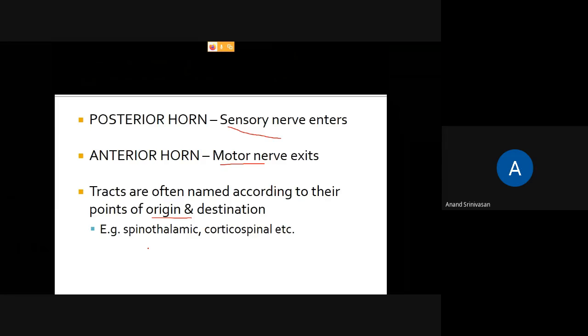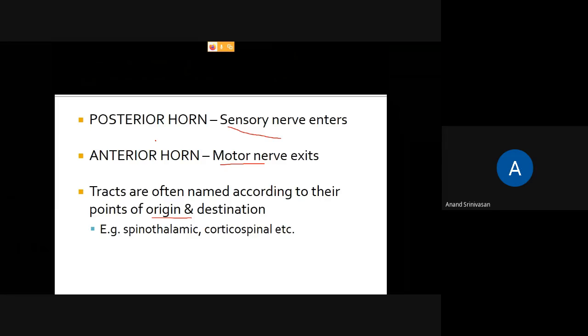The next one is the corticospinal tract. Cortico means from the cerebral cortex to the spinal cord. This is the major tract which is responsible for movements. The brain's orders are sent to the spinal cord, and from the spinal cord they go to the other parts of the body to bring about the action.